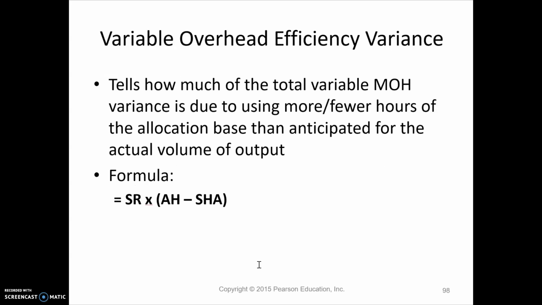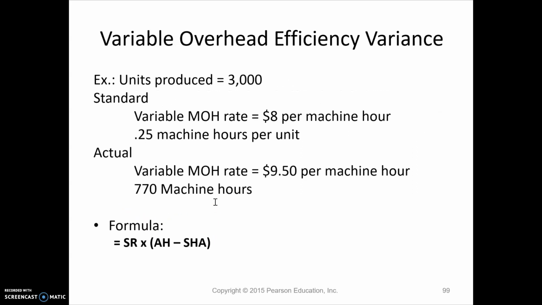Now the other piece is looking at the difference in our allocation base. How much of that variable overhead variance is due to us using a different number of machine hours than the standard? So it's the standard rate times the actual hours minus the standard hours allowed. So our standard rate we know is the $8. Our actual hours were 770.